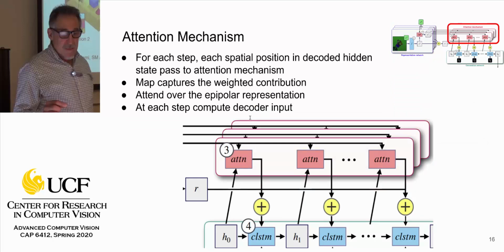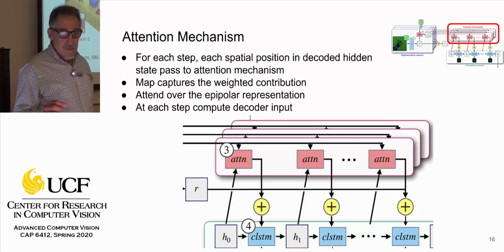So this is where the epipolar representation gets mapped to the generator. We have our epipolar representations coming in as 3D tensors from the top.